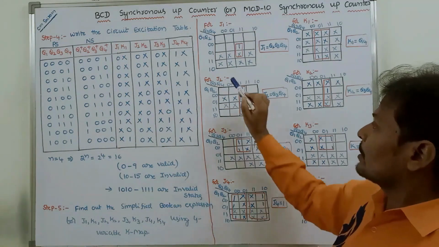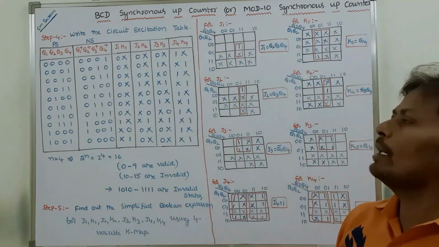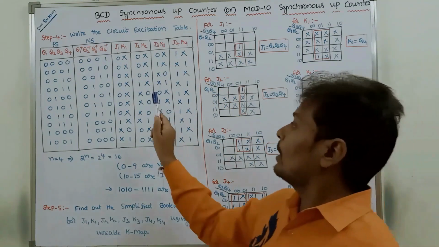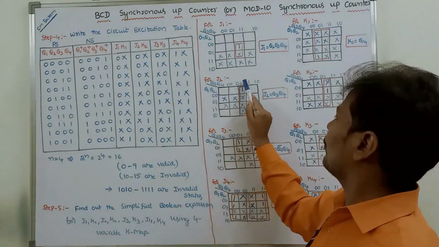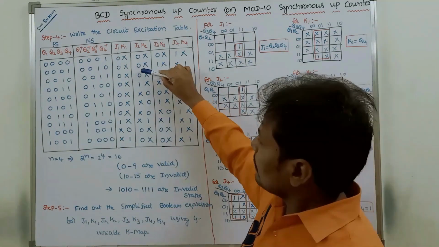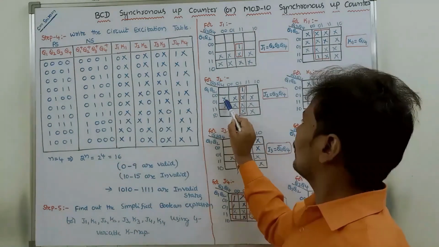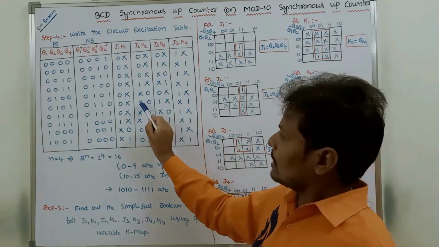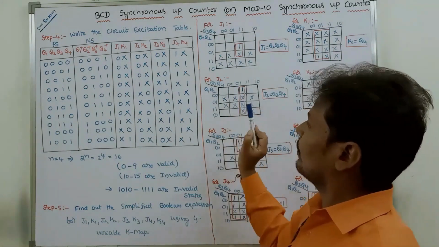Next, for J2, observe the J2 column and identify ones and don't cares. Here 1 is there, the corresponding input combination is 0, 0, 1, 1. Next one, don't care is there, the corresponding input combination is 0, 1, 0, 0. Next, don't care, 0, 1, 0, 1.